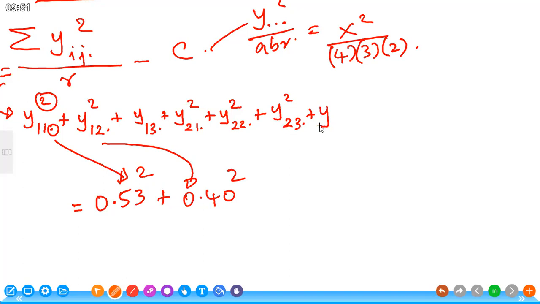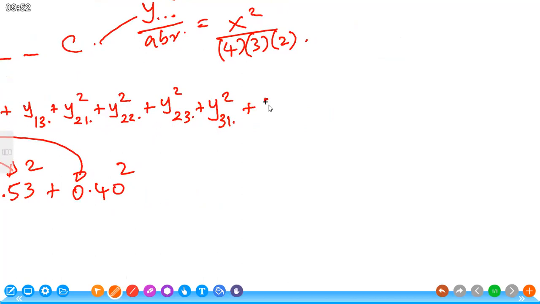You have to calculate for all the levels of A and B, all the combinations. y31 dot square, y32 dot square, plus y33 dot square, plus y41 dot square.